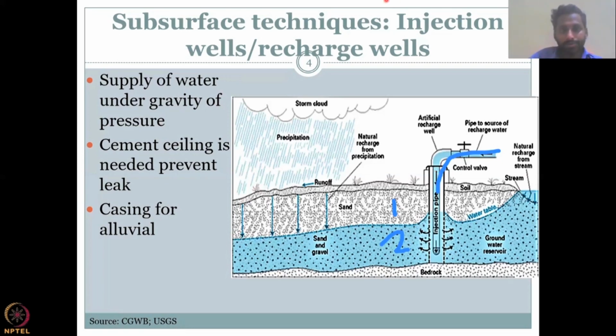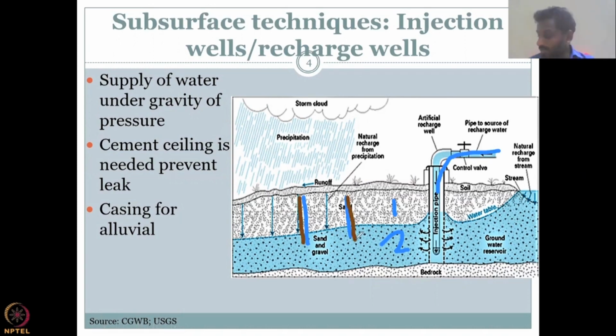Let me draw it. For example, this is the ground and your well is like this. If you don't have anything, then the sand particles can come in and collapse your well, which means close your well. However, if you add a casing, then what happens is the soil is kept away and it doesn't fall in.